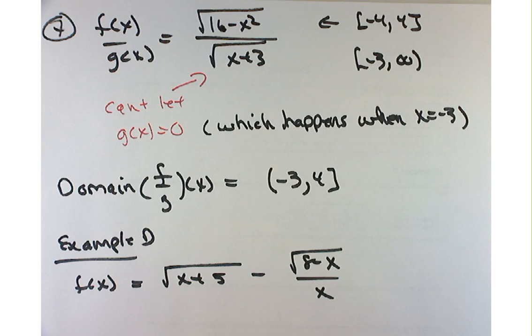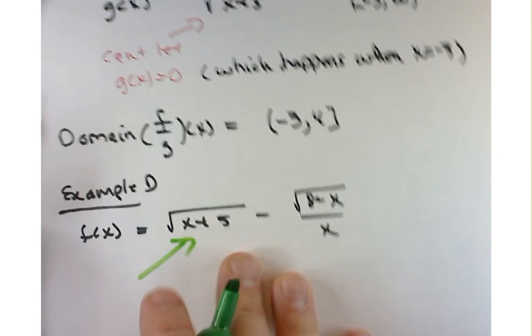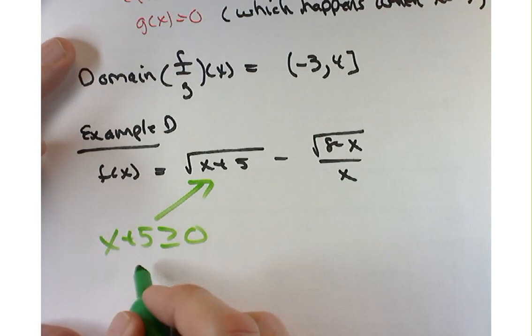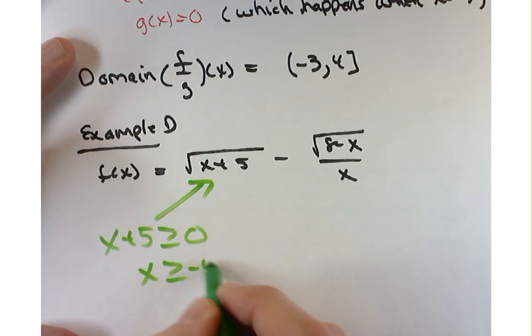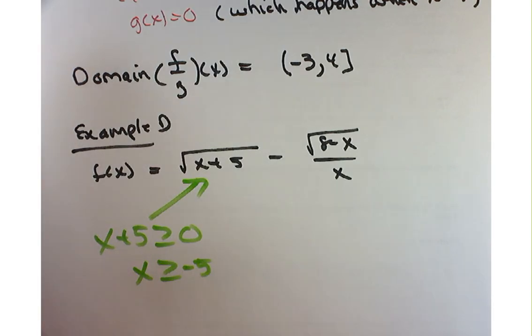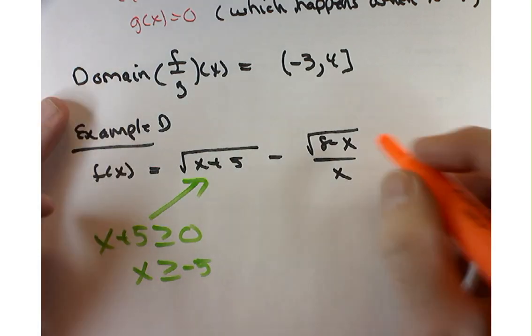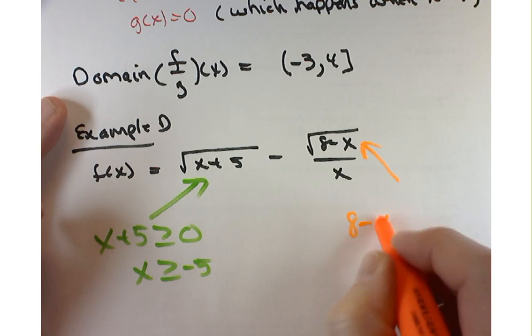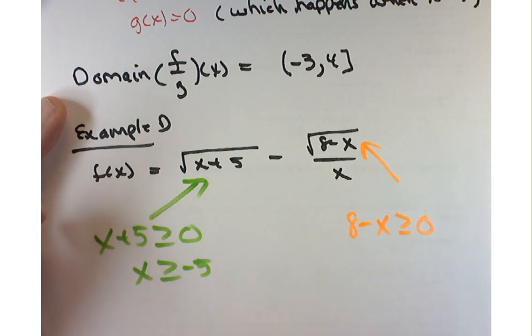For instance, the first thing I want to guarantee is that x plus 5 is greater than or equal to 0. That's going to happen when x is greater than or equal to negative 5. How about over here? I want to make sure that 8 minus x is greater than or equal to 0.